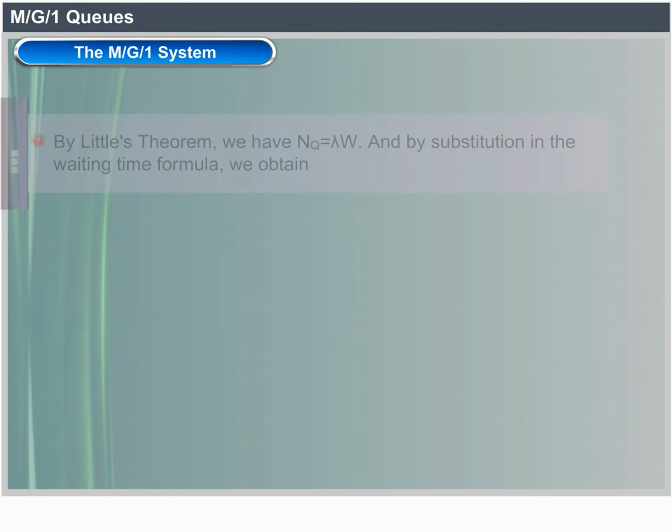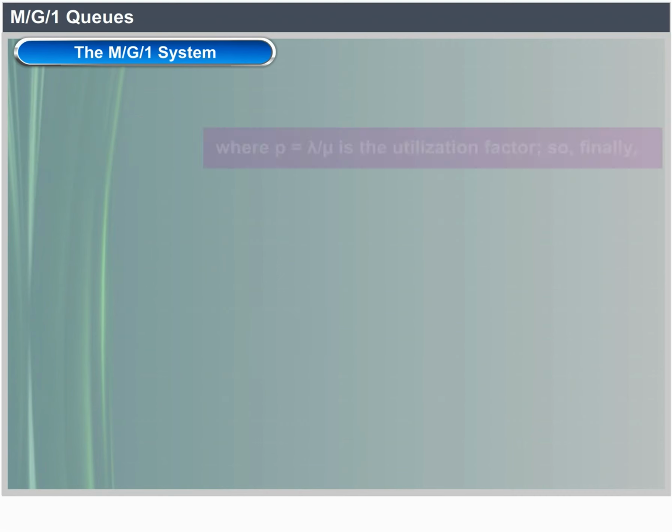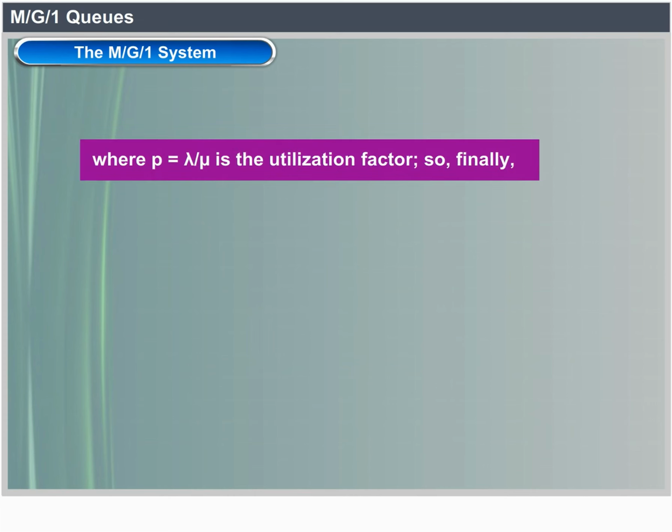By Little's theorem, we have NQ is equal to lambda W, and by substitution in the waiting time formula, we obtain W is equal to R plus rho W, where rho is equal to lambda by mu, the utilization factor. So finally W is equal to R by 1 minus rho.